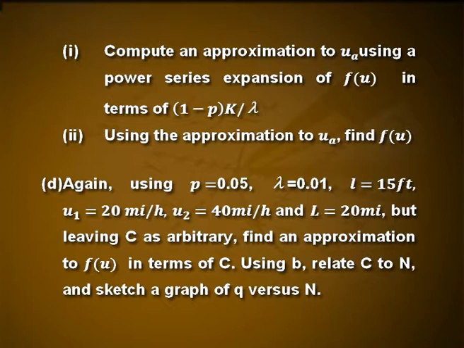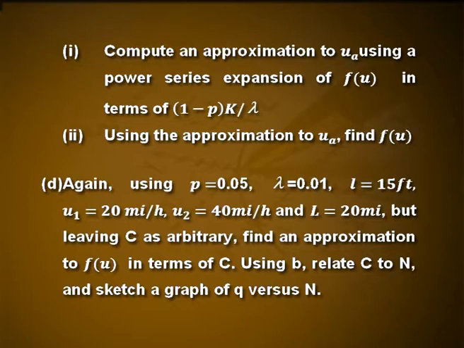Next one, again using p is equal to 0.05, lambda is equal to 0.01, small l is equal to 15 feet, u1 is equal to 20 miles per hour, u2 is equal to 40 miles per hour, and capital L is equal to 20 miles, but leaving c as arbitrary, find an approximation to f of u in terms of c.